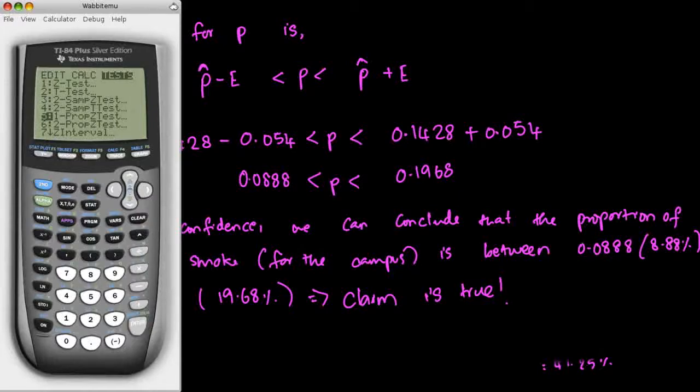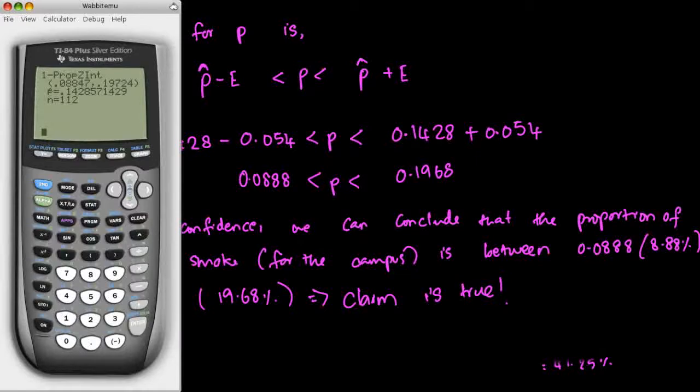Z interval is actually used for mean, and we're looking for a population proportion interval, so we have to use the one proportion Z interval. So you select A, we have X is 16, N is 112, the desired confidence level is 0.9, and all I have to do is press calculate, and that is my interval.